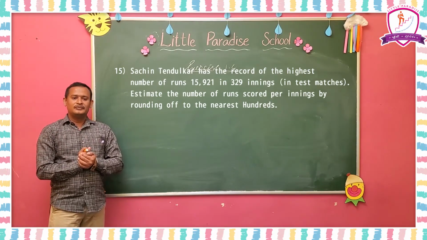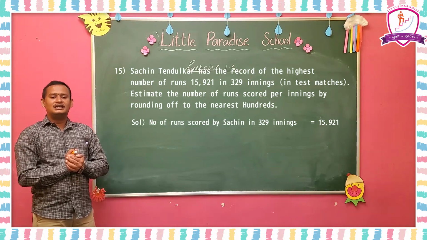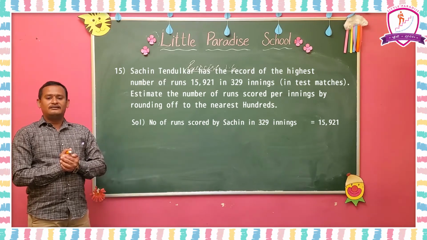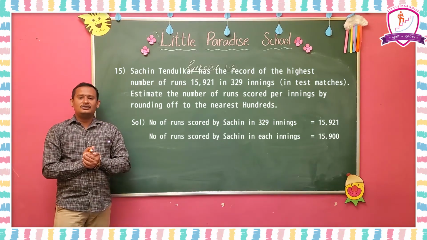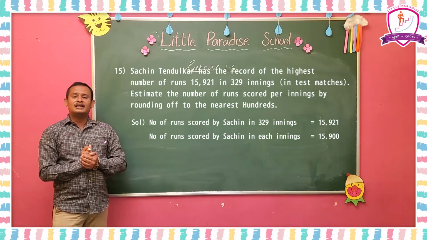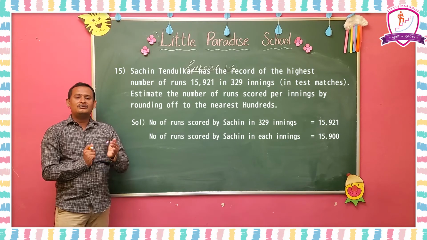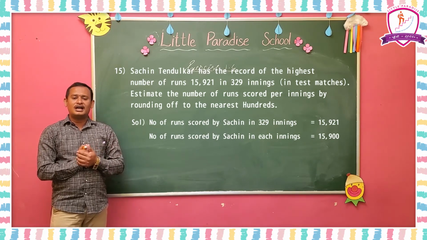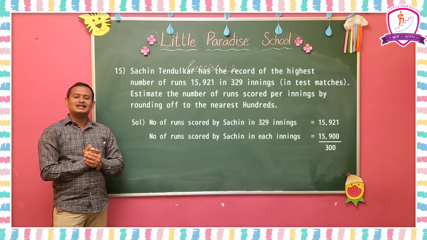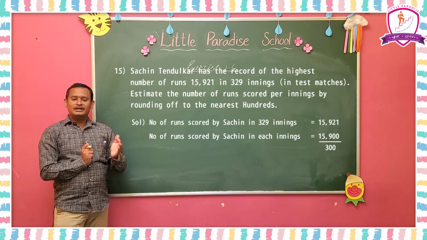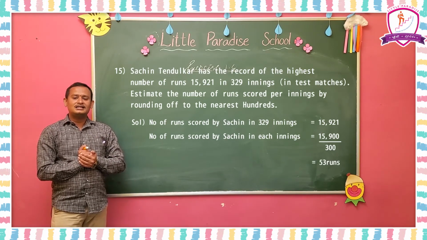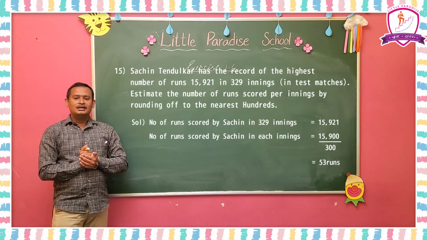It is easy for you. 15,921 rounded to the nearest hundreds is 15,900, and 329 innings rounded to hundreds is 300 innings. So the runs scored in each innings is 15,900 divided by 300, which becomes 53 runs in each innings.